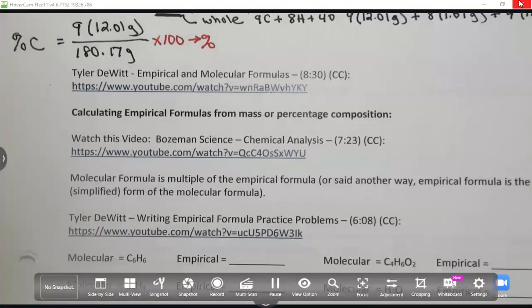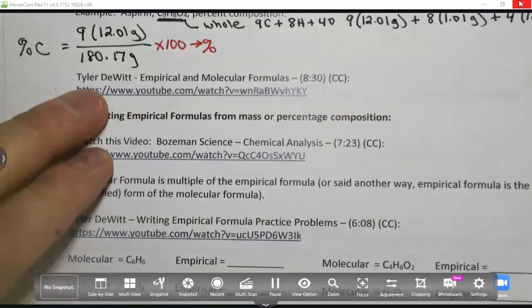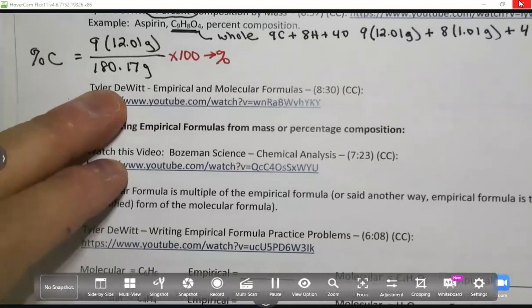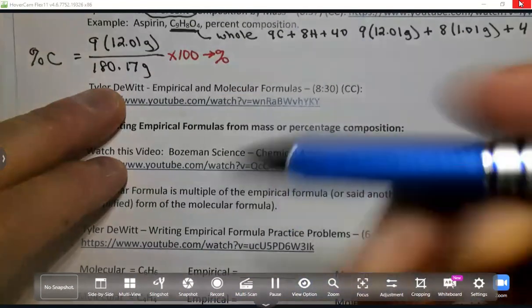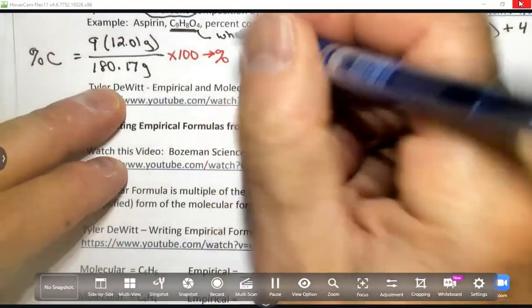And so what is our percent carbon? We get 59. How many sig figs of this? Like with 4 sig figs. So if we do this to 4 sig figs, we get 59.99.